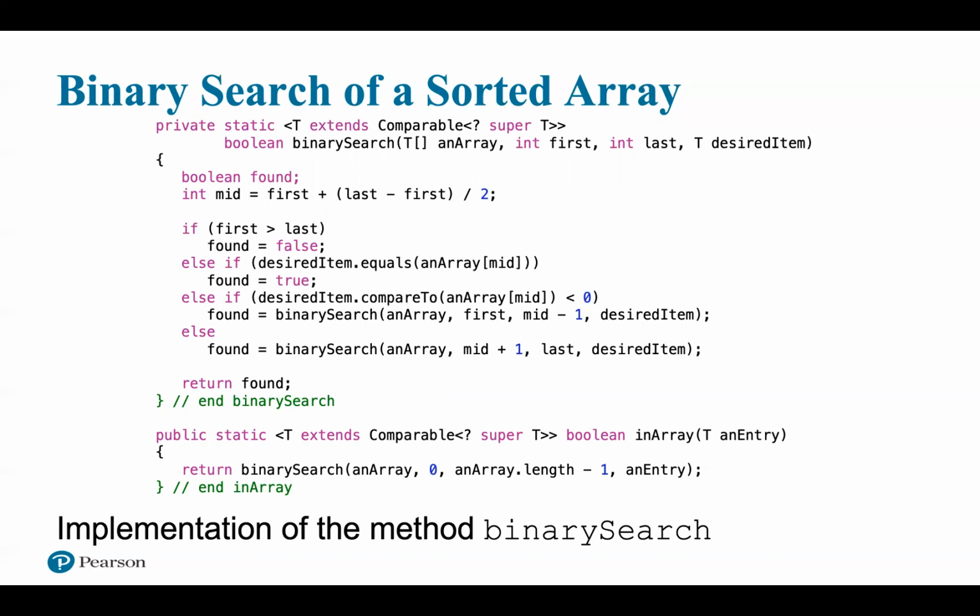But for an object to have compareTo, it must belong to a class that implements the interface Comparable. Such is the case for objects in a sorted list, as segment 17.1 of chapter 17 indicates, and for objects in a sorted array. The method binarySearch can have the following implementation. And so you can keep that in mind here as we're looking at the slide and the listing.